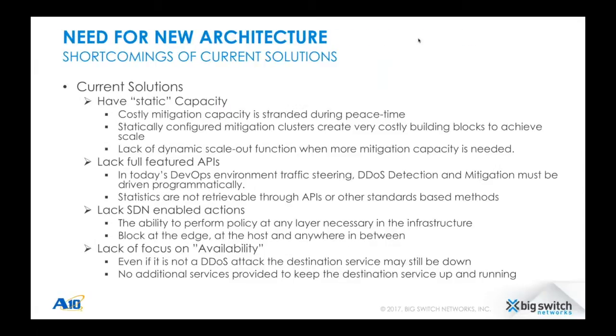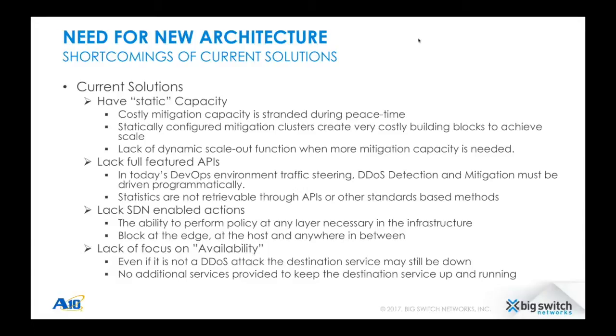So the current solutions are really lacking, especially in this SDN DevOps environment. Capacity is static. Now, this is pretty straightforward, but the idea here is that this mitigation capacity, which is really costly, is essentially stranded during peacetime when you're not under attack.